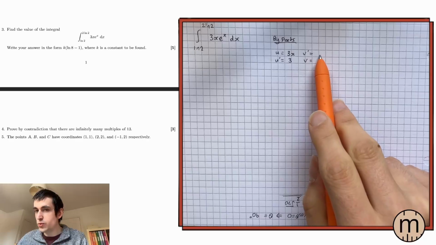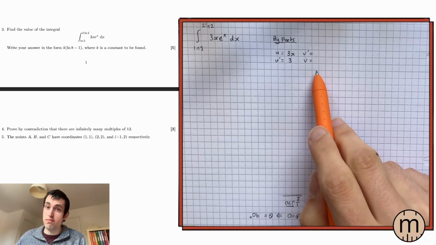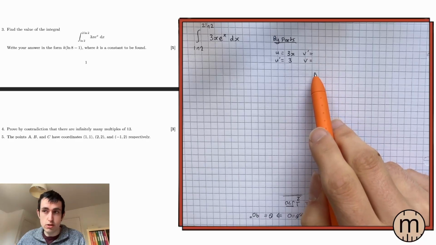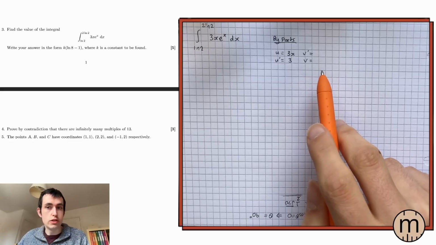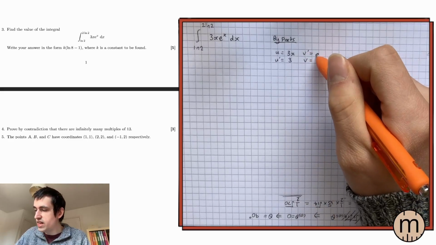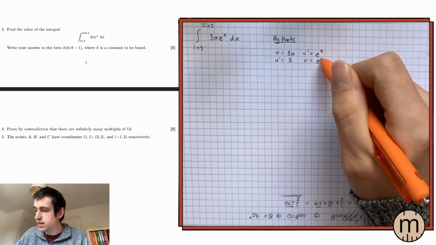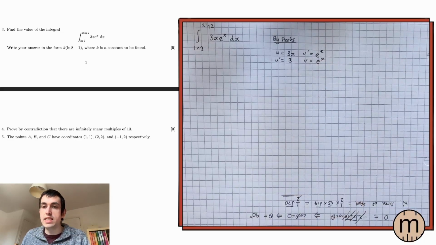Whereas on the other side, if we wanted to integrate 3x, we'd get 3x squared over 2. That's got more complicated. That's not good. If we leave v dash as e to the x, we integrate it to e to the x. It's not got any harder, it's not got any simpler either, but there's no change. If in doubt, if it doesn't seem to work, change it round and try it again.